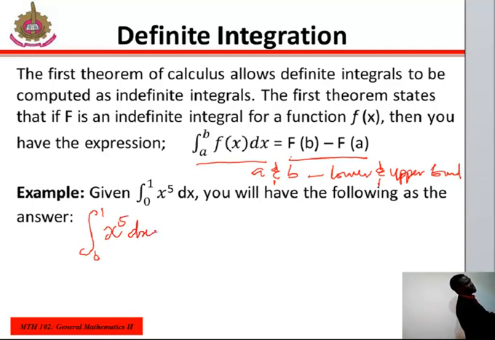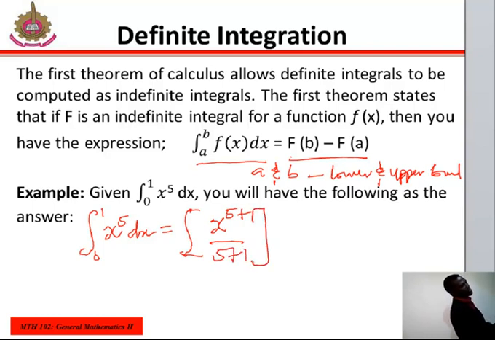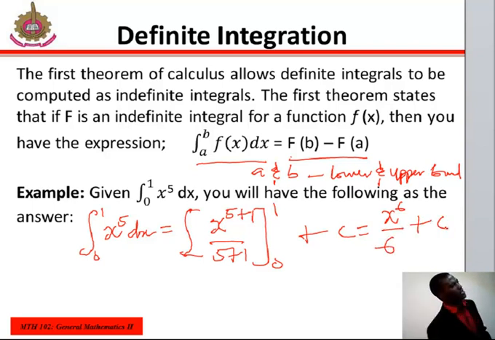What we are going to do is to integrate x^5, that is x^(5+1) over 5+1, from 0 to 1, plus c. Then from here our solution shall be x raised to power 6 all over 6 plus c.